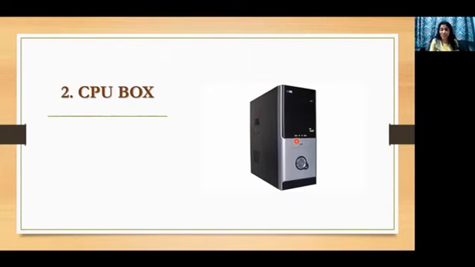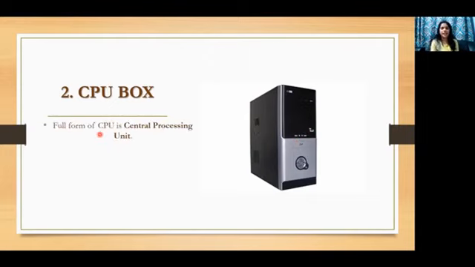Brain? Yes, because the brain controls all your body, right? Similarly, in this computer, the CPU is the brain of the computer. So CPU controls everything. CPU controls the whole computer. Okay, so it is called the brain of the computer.